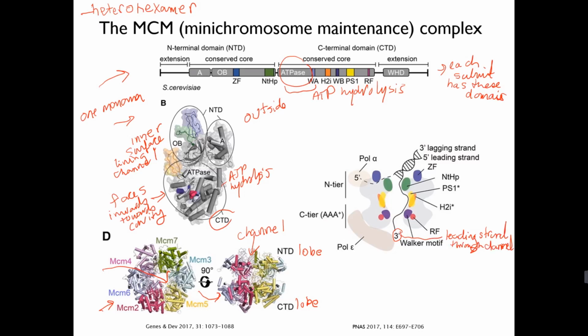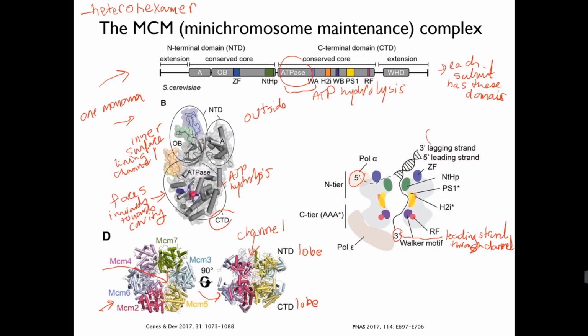And then the 5' end actually passes outside of the MCM complex. So that's what's actually shown here. What's interesting about that is that there are some regions on the outside that can bind single-stranded DNA.